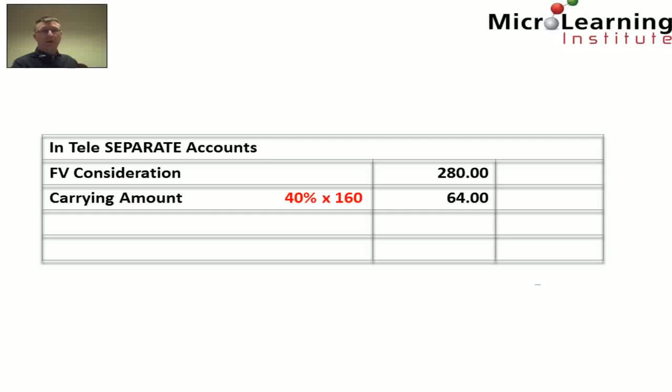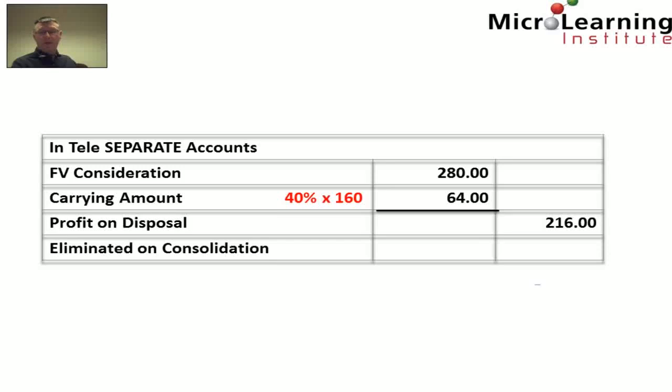Now we purchased it for $160,000, so 40% of $160,000 is of course $64,000. So the difference in the individual company accounts between the fair value of the consideration and the carrying amount gives us a profit on disposal in the individual accounts of Tele of $216,000.